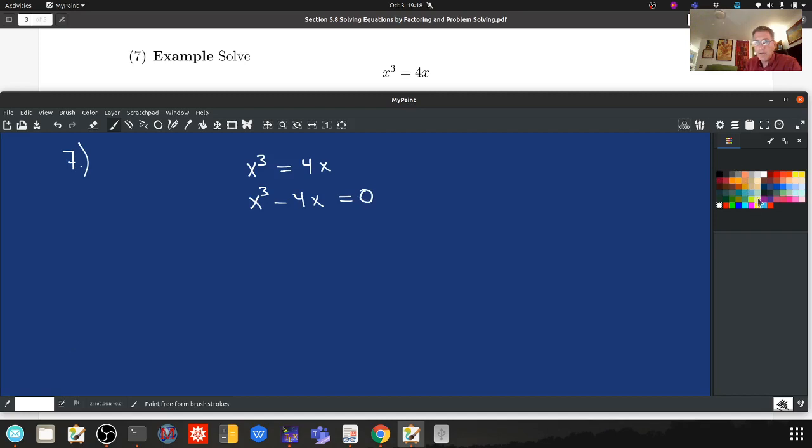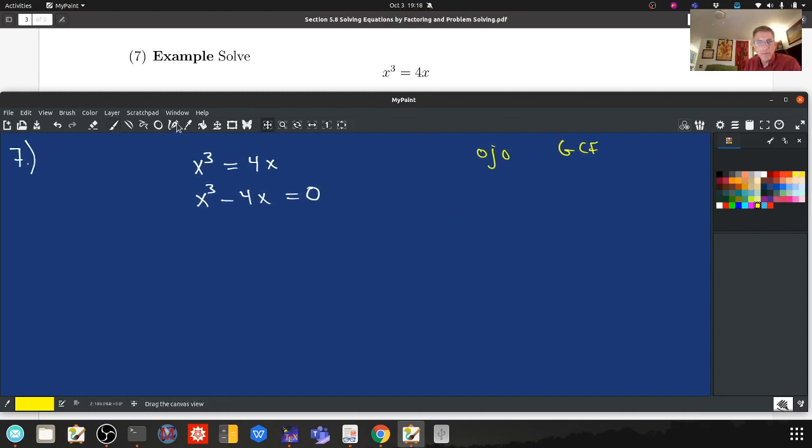And now, here comes, always remember the GCF. So the GCF of x cubed and 4x is equal to x. So that means I can factor out an x.